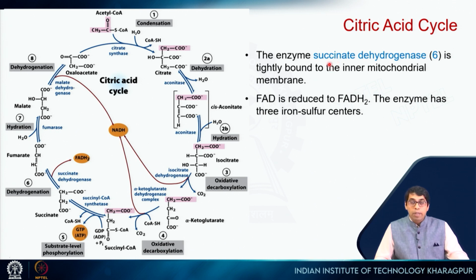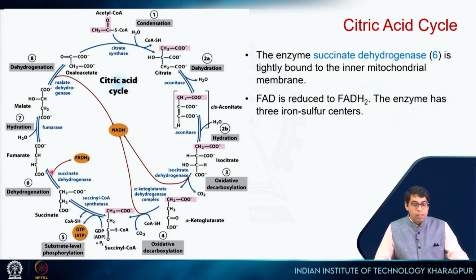So, we will come back to this enzyme in more detail in the next part of this lecture. From succinate, fumarate is formed, and again this is an oxidation step. So, the electrons are accepted by FAD, which is reduced to FADH2.